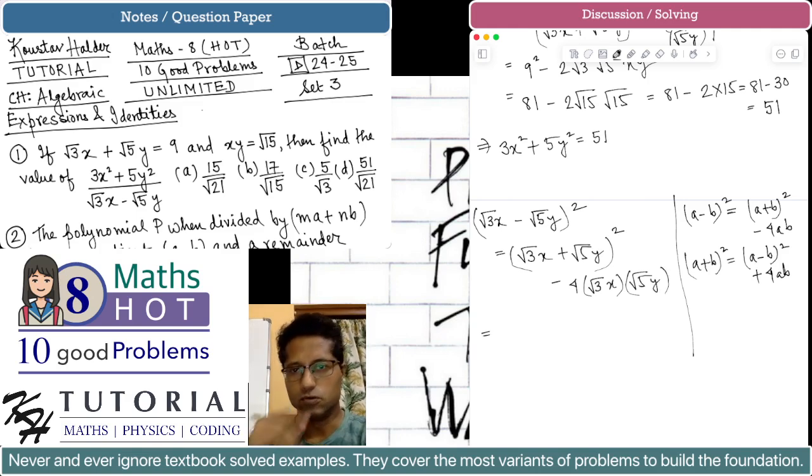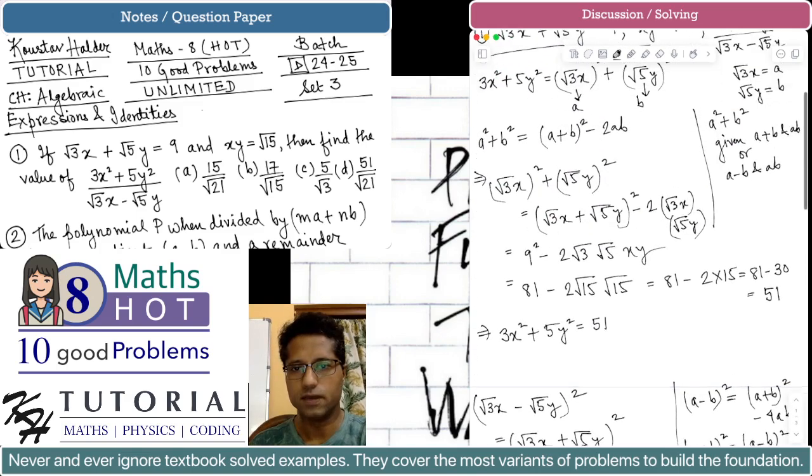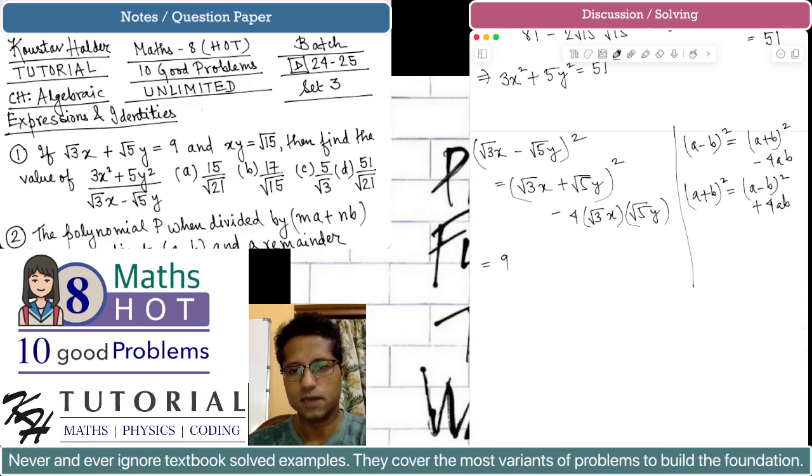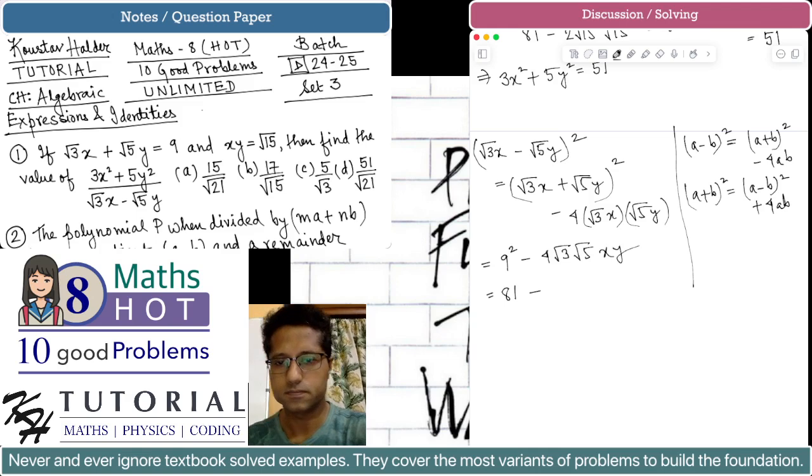Root 3x plus root 5y is given as 9, so this is equal to 9 square minus 4 into root 3 into root 5 into x into y.